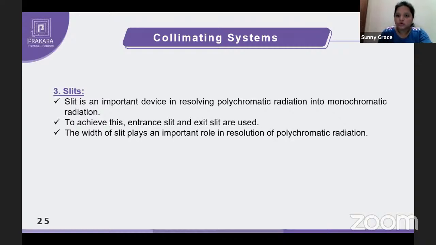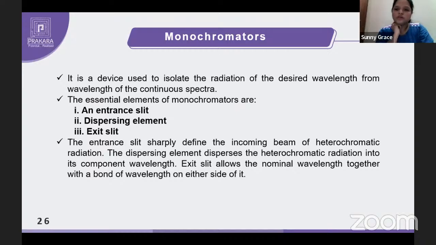Next come the monochromators. In the monochromators, what happens? From the isolated radiation, the desired wavelength that should be selected is selected by this monochromator. The essential elements of a monochromator are the entrance slit, dispersing element, and exit slit.